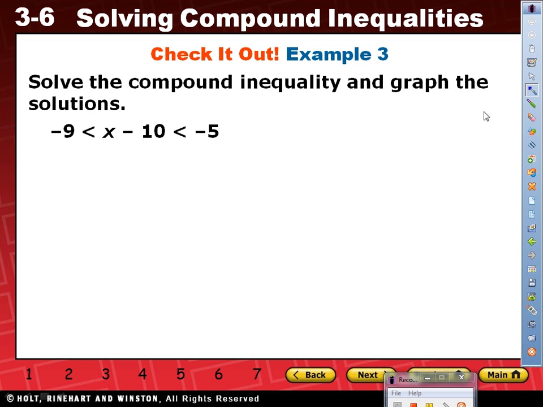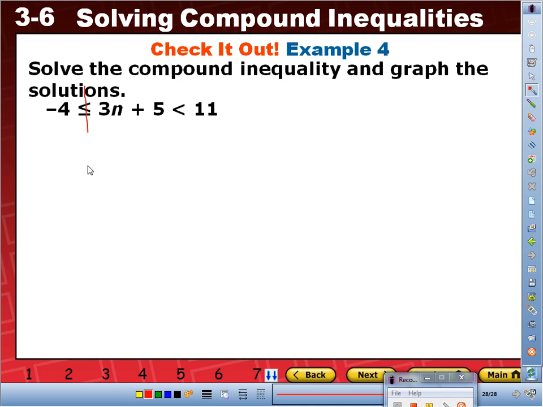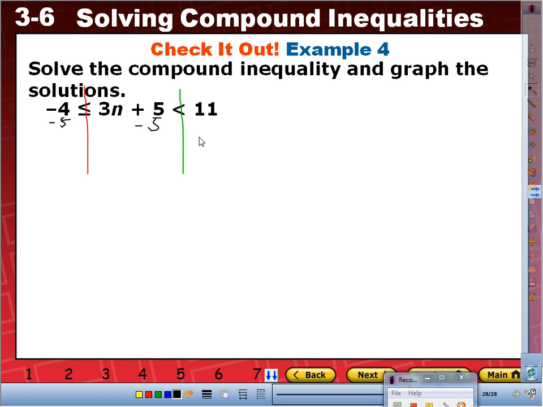Of this kind. Copy this one: negative 4 less than or equal to 3n plus 5, less than 11. Do that one by yourself. Go. 30 seconds. Okay, I'm going to draw 2 lines down, and I'm going to start by subtracting 5 from all three parts.